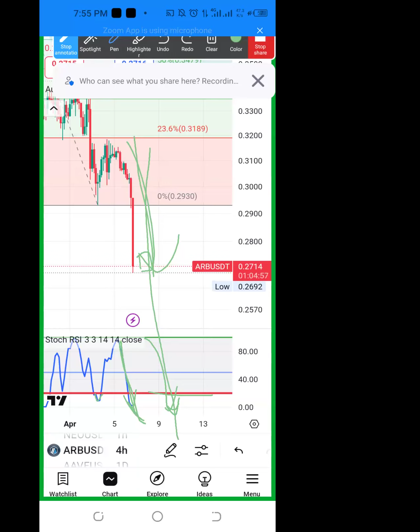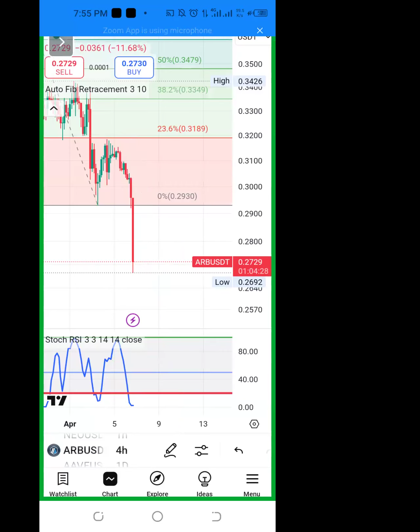If you want to use the stochastic RSI feature on RoyalQ to do your automation trading, you can see that when the coin went below, I think below 10 here, 10 value on RSI, it now turned up, it now started moving up. Just draw your vertical line here. You now see that the coin moved up by what price, by what percentage.